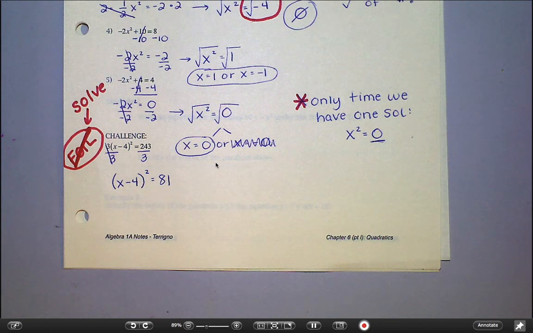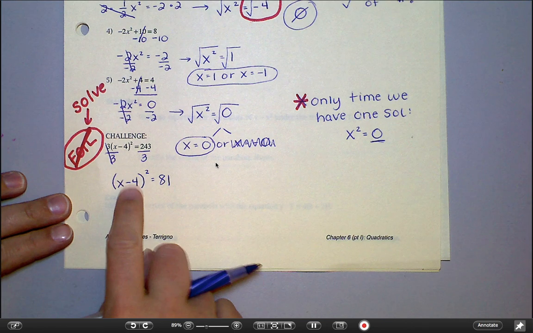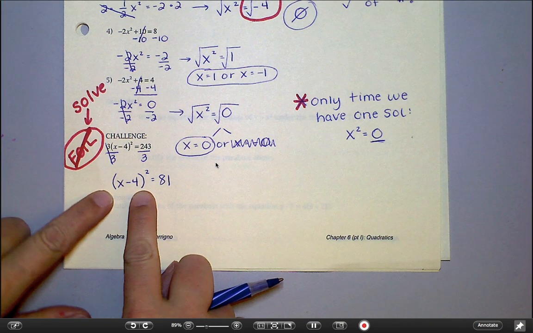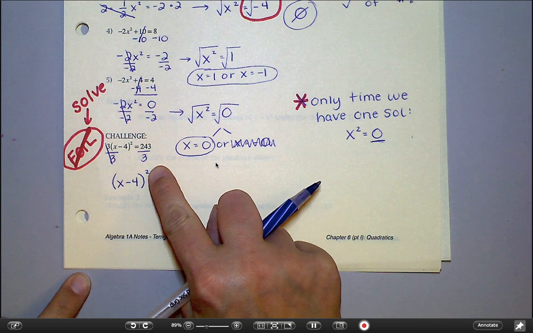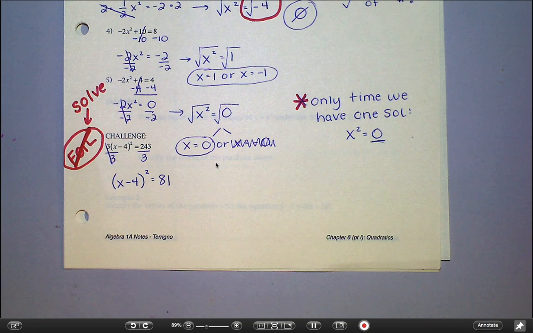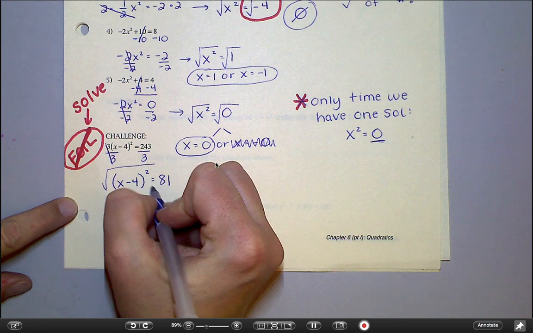Continue to resist the urge to FOIL. If I'm trying to get x by itself, I need to somehow bust x out of these parentheses. These parentheses are like jail, and the square is like the guard. So we need to think about, how do we get rid of the guard? Well, the opposite of squaring is square rooting. So I'm going to take a square root right now.